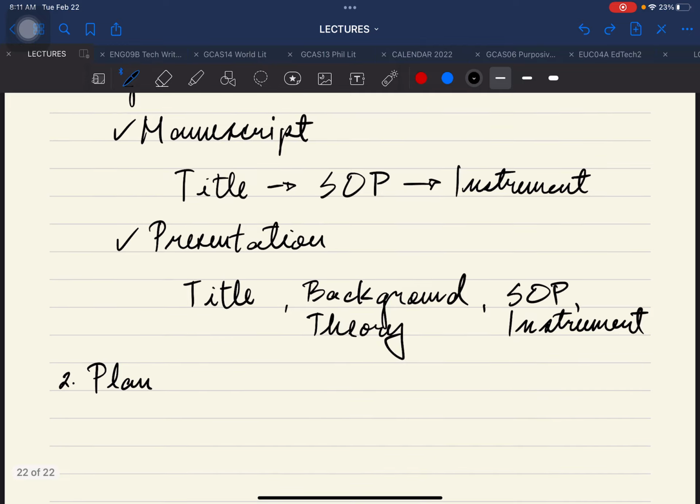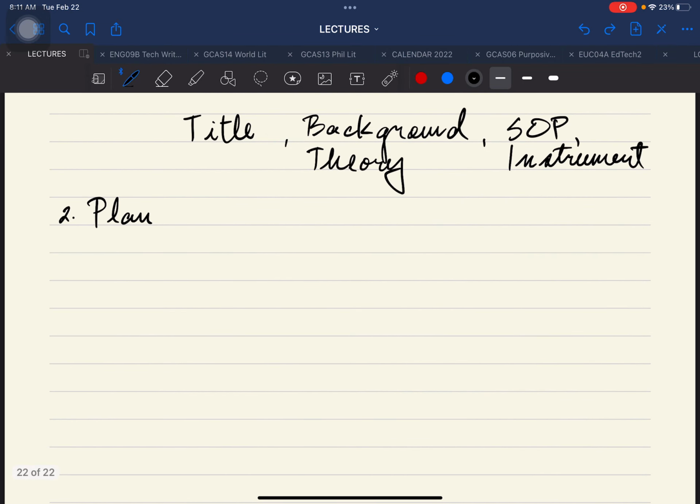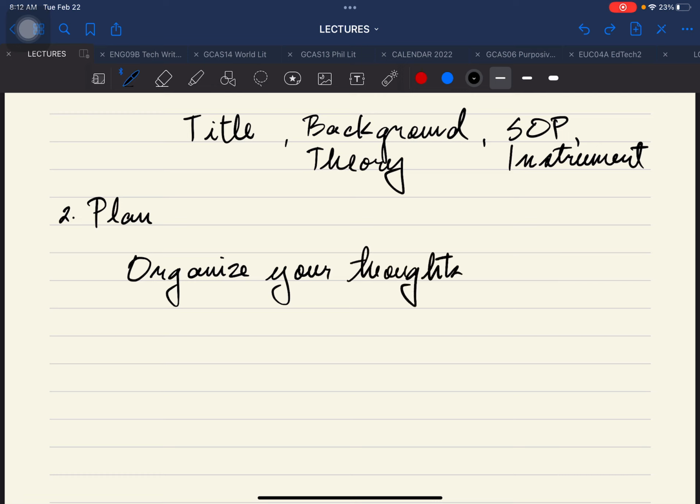The second step that you need to consider is to develop a plan. Here, you need to organize your thoughts. So make sure that you are familiar with all the parts of your research in a way that when a question is asked, you would readily know where to find the answer to that particular question in your manuscript.